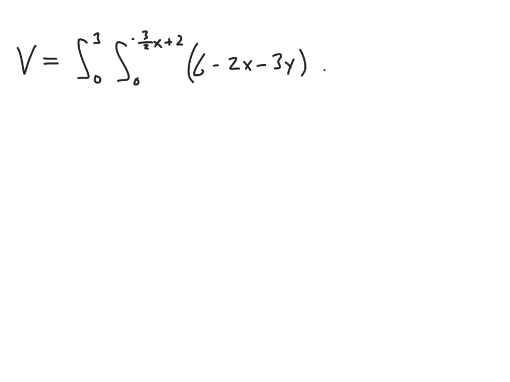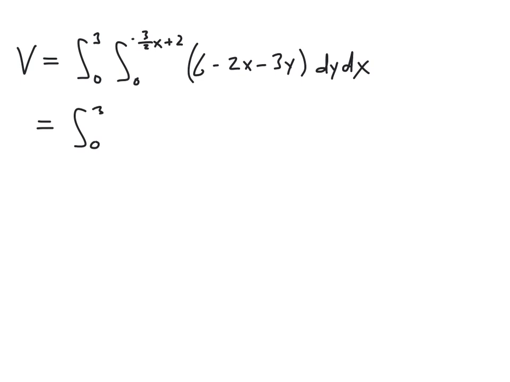Our volume, which I'm going to call capital V, if we use a double integral, is the integral from 0 to 3 of the integral from 0 to negative 2/3 x plus 2 of the function 6 minus 2x minus 3y, dy dx. This was all determined on the previous slide. We had our limits of integration, we solved for our function f, and now we just have to compute this iterated integral.